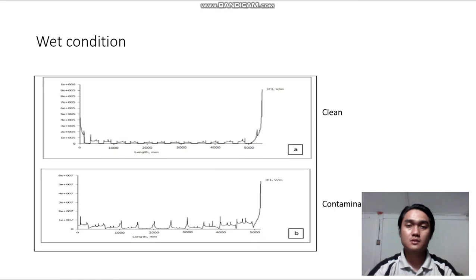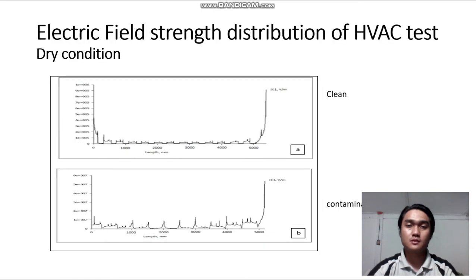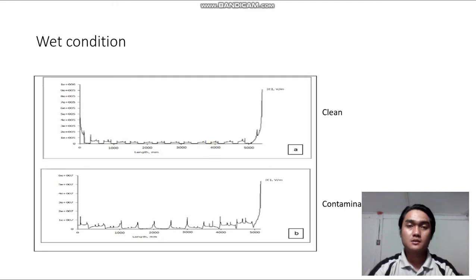This will indicate that in dry condition or wet condition, the electric field strength of the insulator is the same. The difference we can see from this test is only between the clean and contaminated condition.